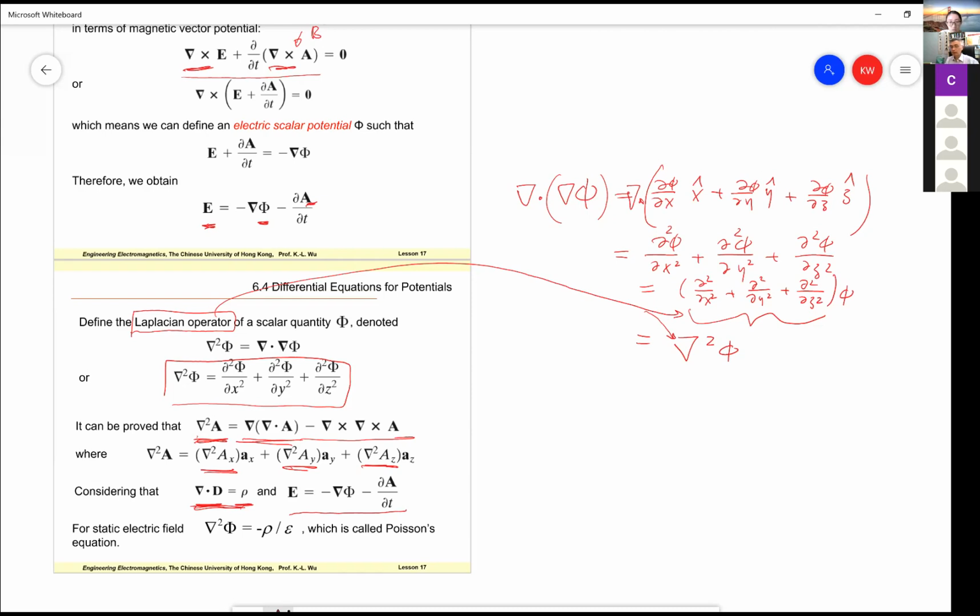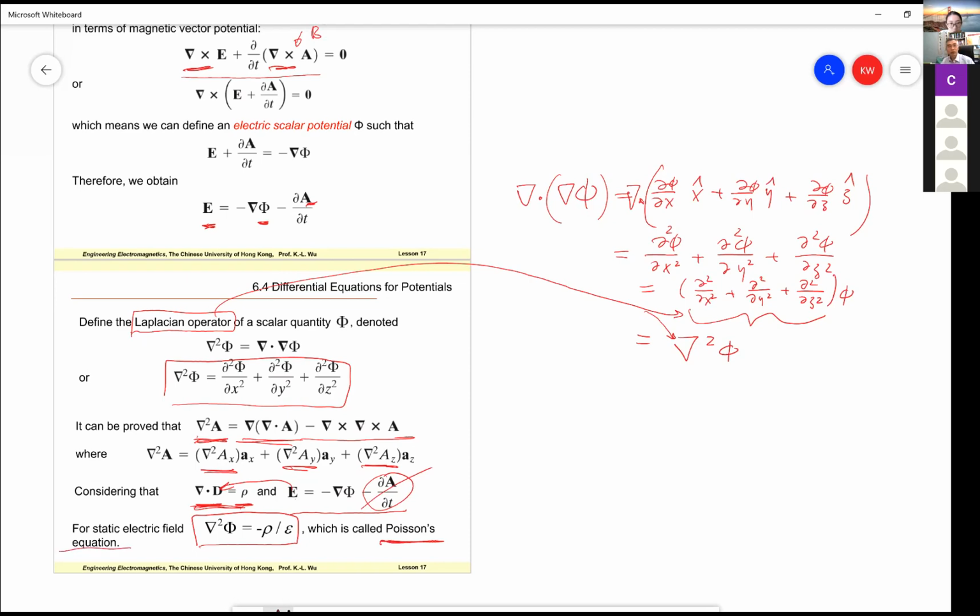If the field doesn't change with time, I don't care about this term, and I substitute this into this, we can see the electrical potential function satisfies a second order differential equation defined by the Laplacian operator. This equation is a very famous equation we call Poisson's equation.